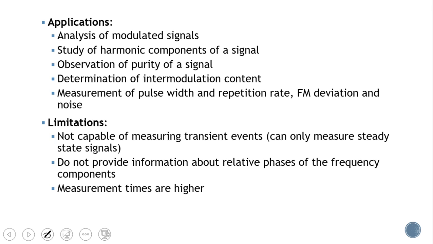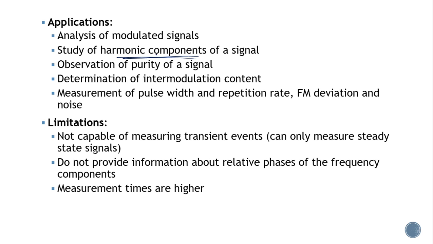Moving on to the applications, you can find out what kind of modulation has taken place on a particular signal. If it's just one pulse, that means there is no modulation, it's just a simple continuous wave. If there are an infinite number of pulses, it is a frequency modulated signal. You can study the harmonic components in a signal, since harmonic frequency ranges vary.